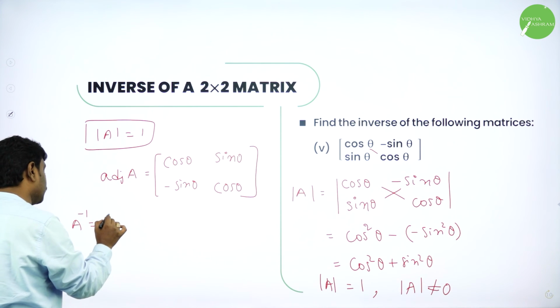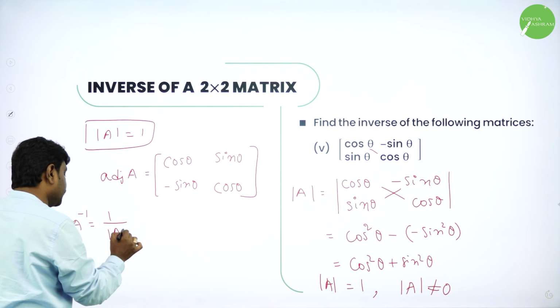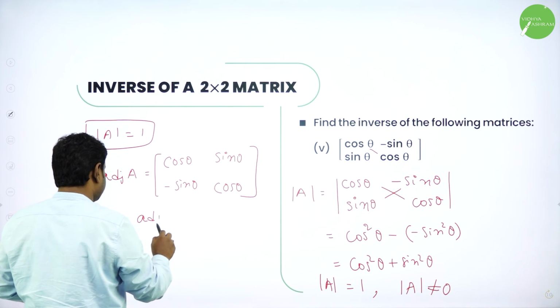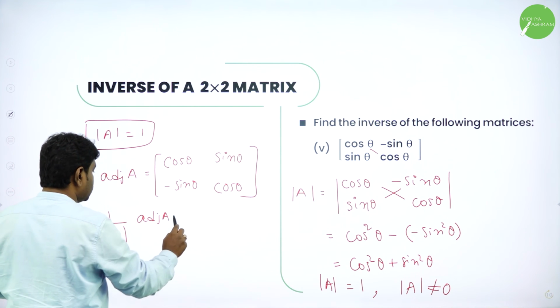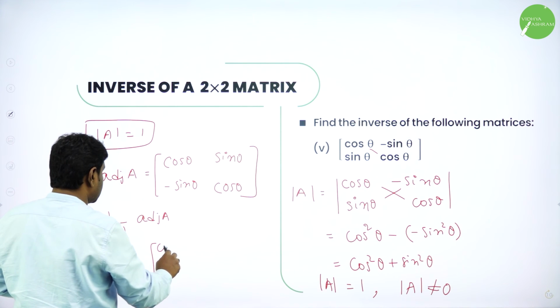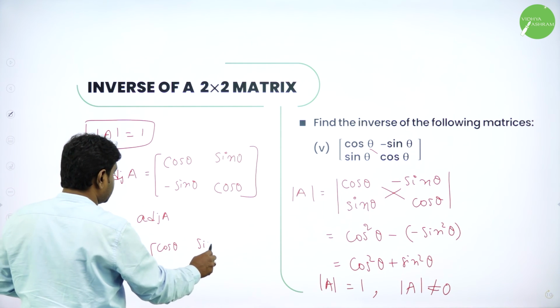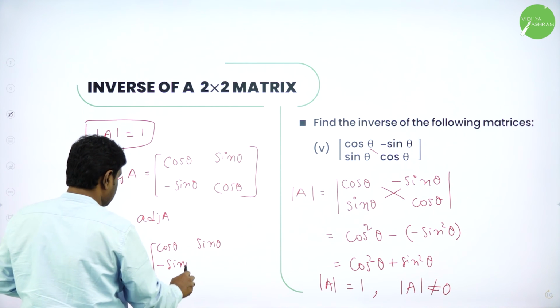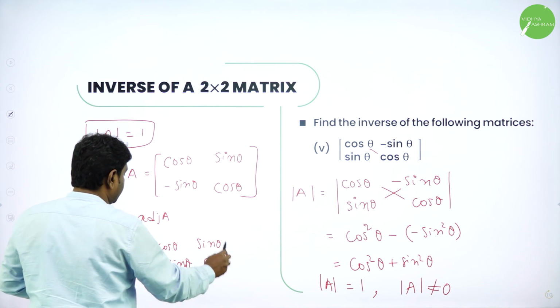What is A inverse formula? 1 by determinant A into adjoint A. That is 1 by 1 into adjoint A. What is adjoint A? Cos theta, sin theta, minus sin theta, cos theta. Now 1 by 1 is what? 1.